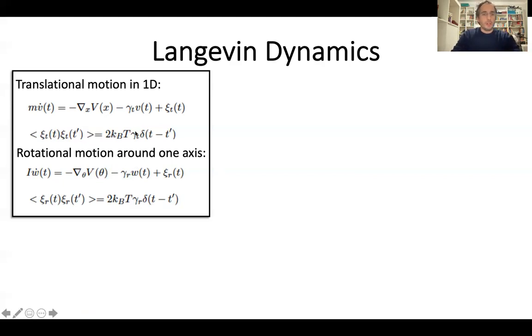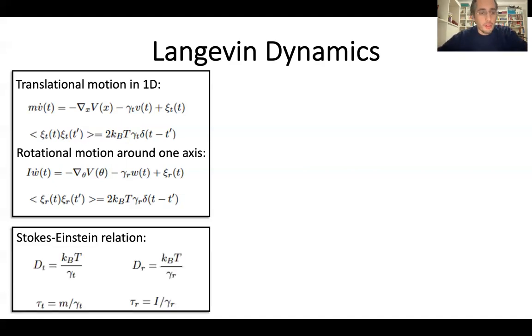But these are the important parameters. You'll have the damping parameter, and the relation between the damping parameter and the temperature will give us the diffusion of the particles in the Brownian regime. So using the Stokes-Einstein relation, you'll get these diffusion coefficients: the translational diffusion coefficient, which will be kBT over the damping parameter, and the same for the rotational diffusion coefficient.